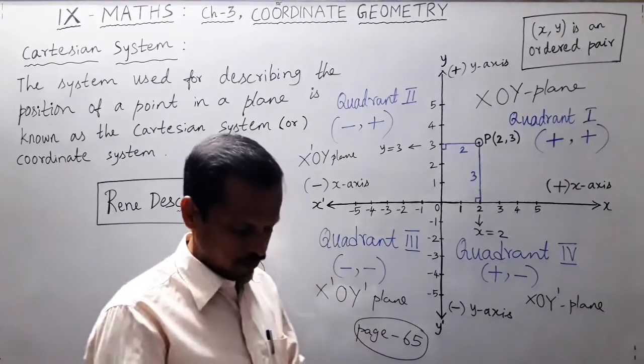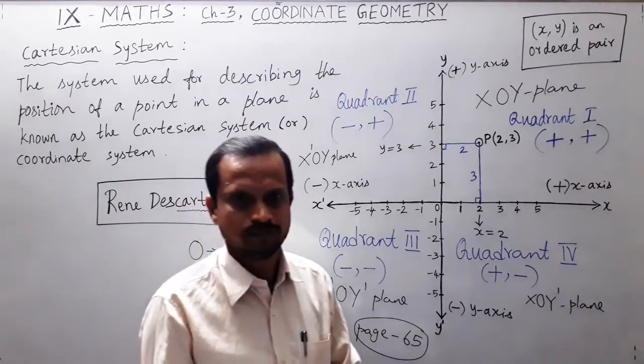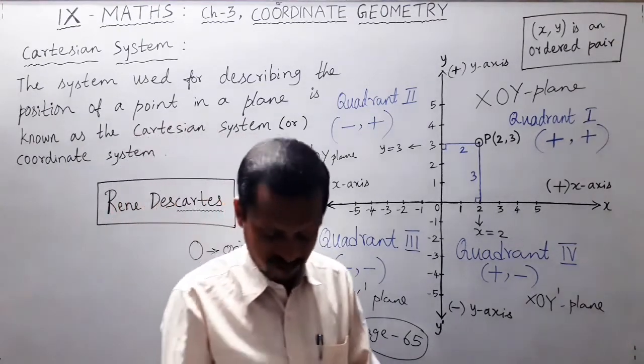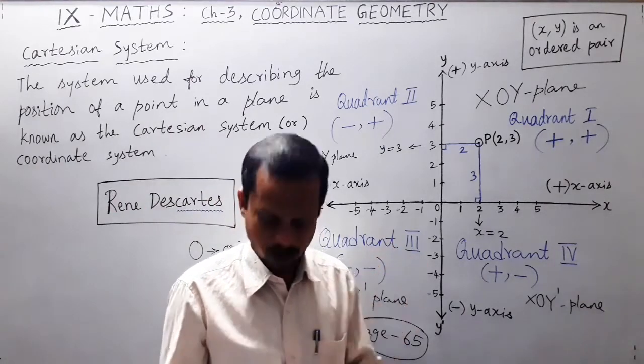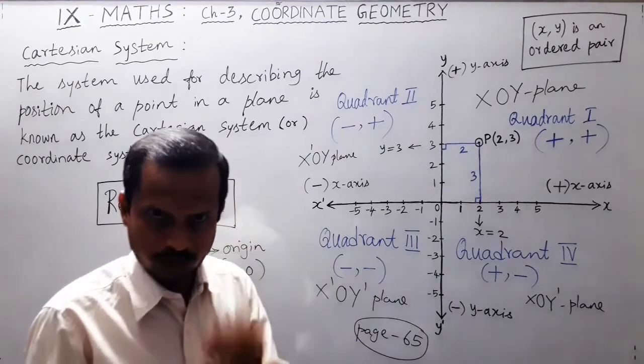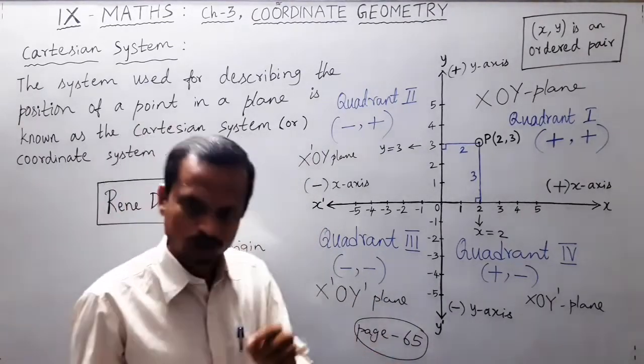And the next point, point number 2: the plane is called the Cartesian plane. Have you all got your books? That's very important, because everything we can't write there. We can explain everything, but the points you have to take from your book, page number 65. So please buy it.